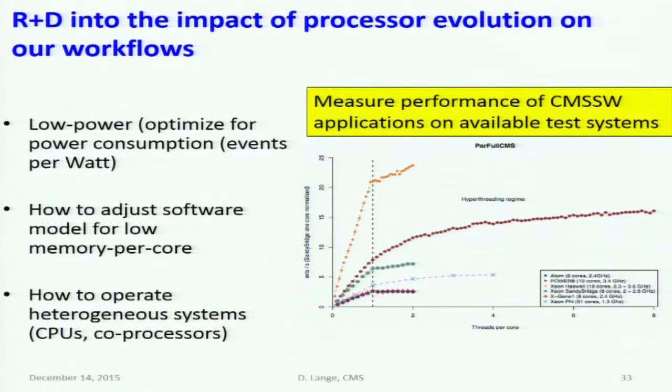Moving away from the idea that we just want to maximize the number of events per CPU is starting to be not the right metric in this area. This is a spot where we've had a lot of collaboration with companies, and there's really an endless amount of work that we can do here.